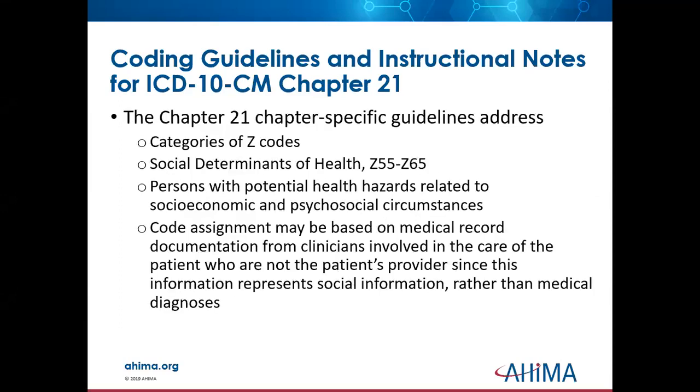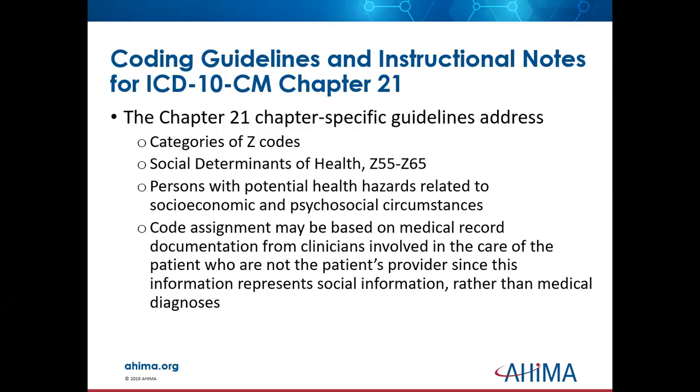We also have a whole bunch of new codes related to social determinants of health. These are things that are coding potential health hazards that are related to socioeconomic or psychosocial circumstances. And a lot of times we see, particularly in the emergency room setting, documentation that indicates this type of social information.